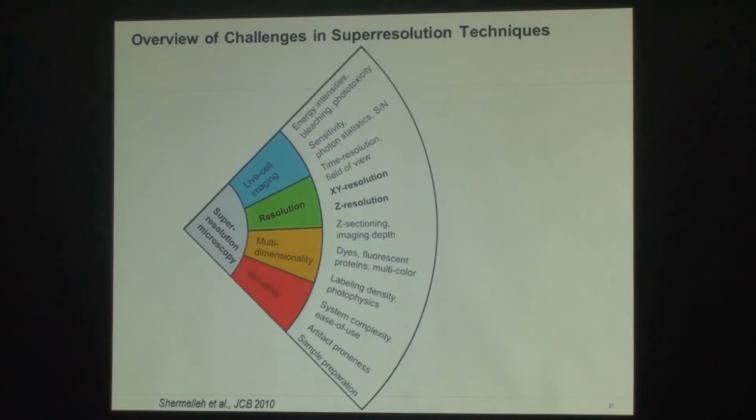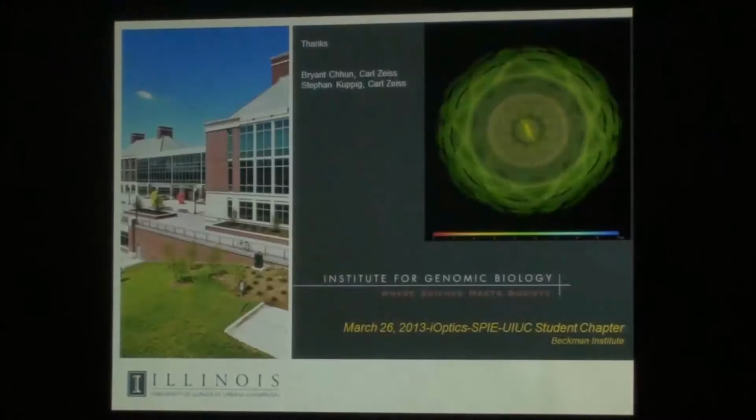So you will be choosing based on what kind of sample you are using, how vulnerable it is, how fast the objects are moving, as well as how sensitive it is to photo damage, because obviously you collect more images than with STED, for example, in this system. Whether your sample is able to handle that kind of high intensity light for a longer exposure time makes a big difference.